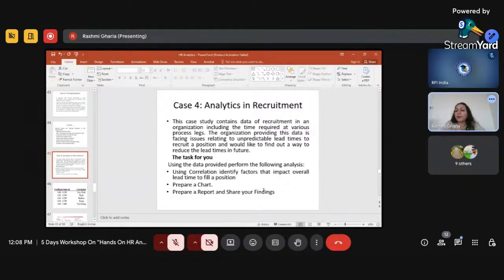What type of people you have in your company, what kind of people you are hiring, they may take your company to greater heights, or they may take your company to the decline stage also, right? So people are one of the most important assets, and recruitment is one of the most important processes through which you can hire the right kind of person for your company.